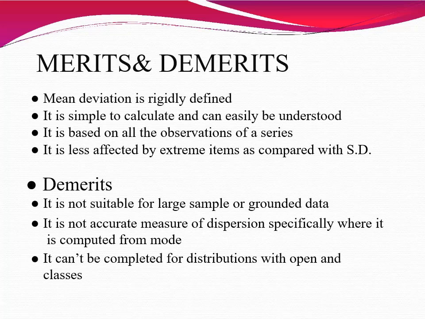The accuracy is also not perfect, and it cannot be computed for distributions with open-end classes. So these are the disadvantages we see in mean deviation.